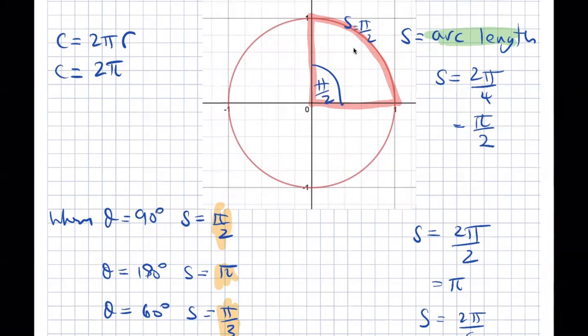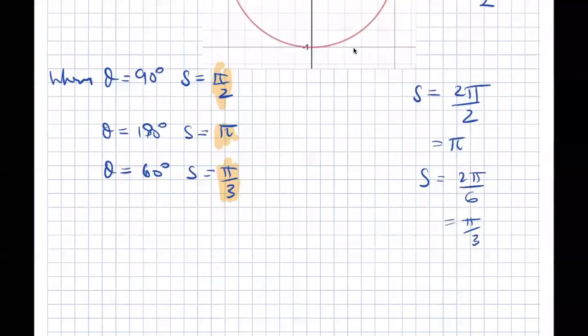So there's my angle, pi over 2, and there's my arc length, which is also pi over 2, with the condition that the radius is equal to 1, and that's very important. So now that we know we've got a new kind of angle measure called a radian, we can go and have a look.